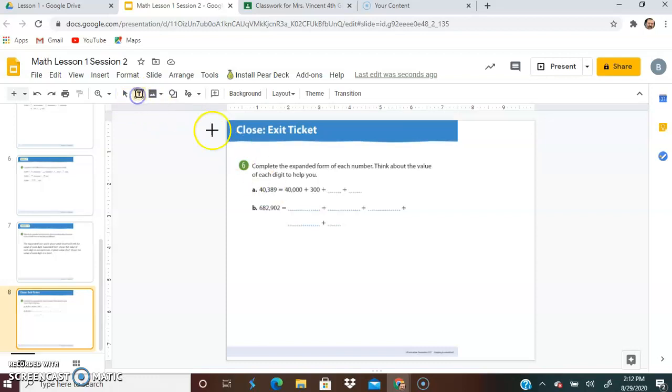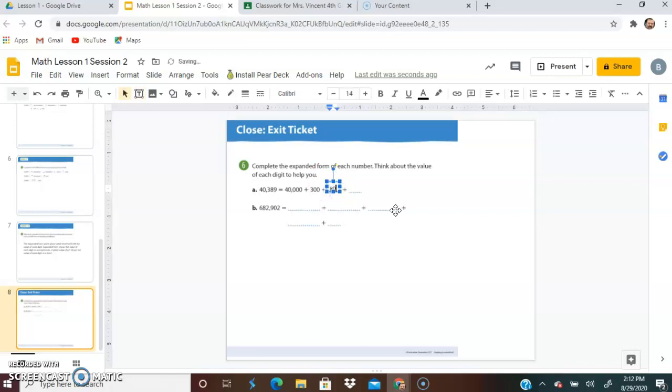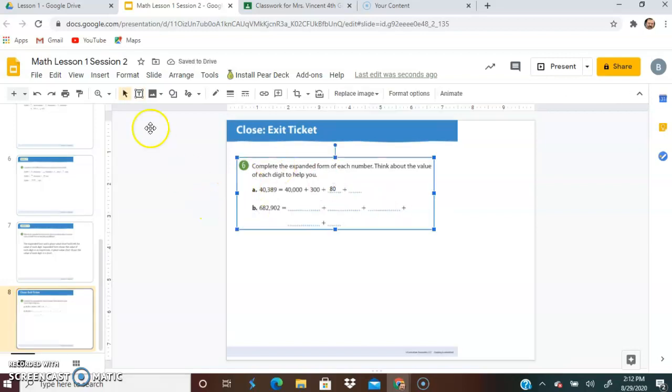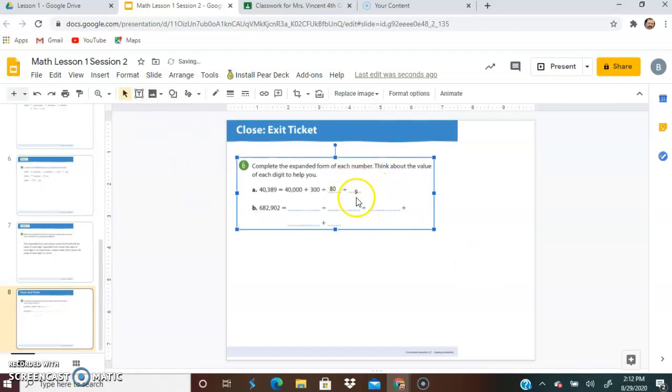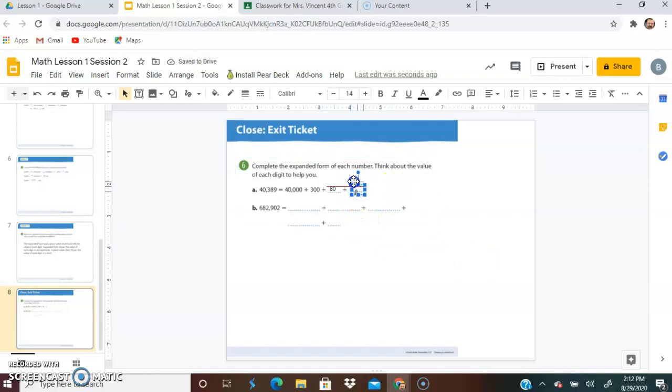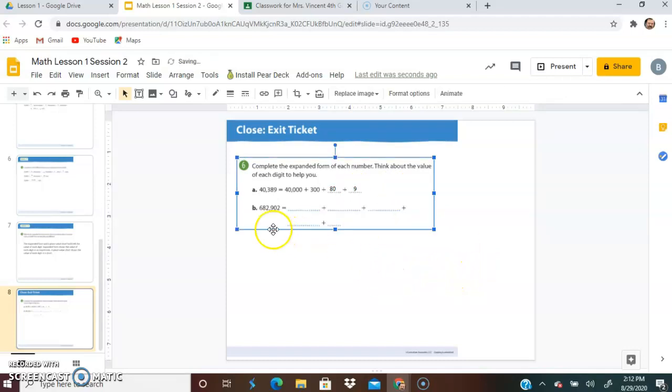Okay, guys, let's see if you got it right. 40,000 plus 300 plus, here you should have had 80. Did you get it right? Then you should have had a 9. Okay, for this one, it's going to have us do the whole thing as expanded form. So let's see here.